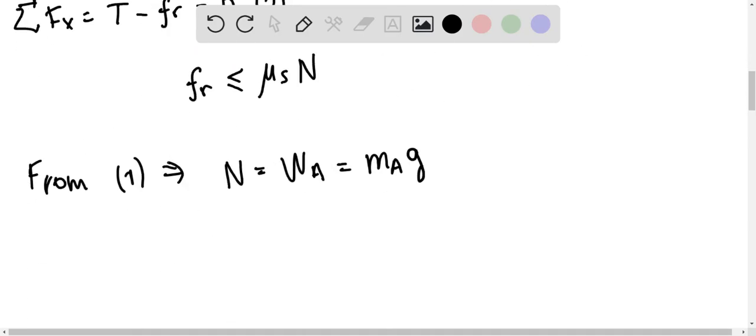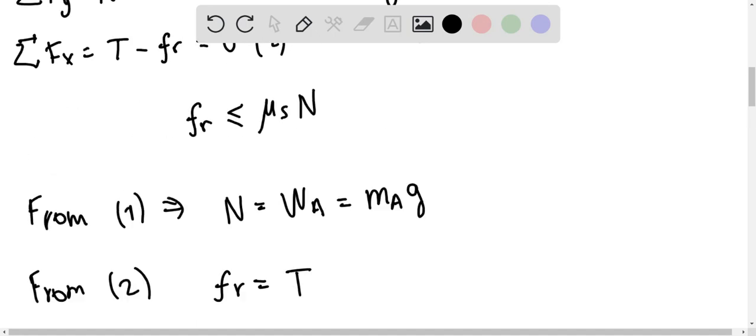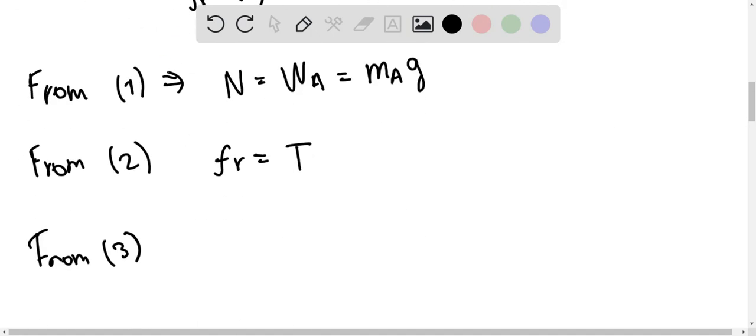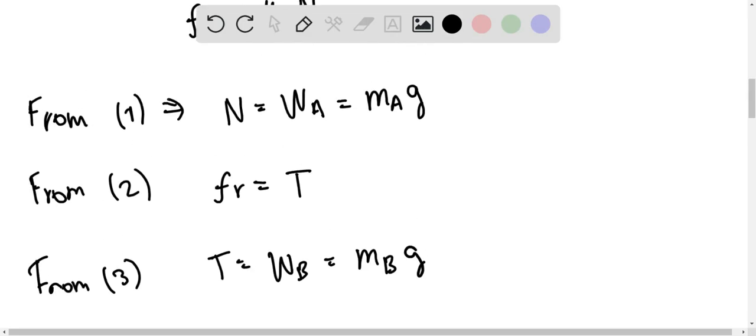Now, from equation 2, we obtain that the friction force is equal to the tension. And from the third equation, we know that the tension is also equal to the weight of the mass B, which is equal to the mass of B times the acceleration due to gravity.